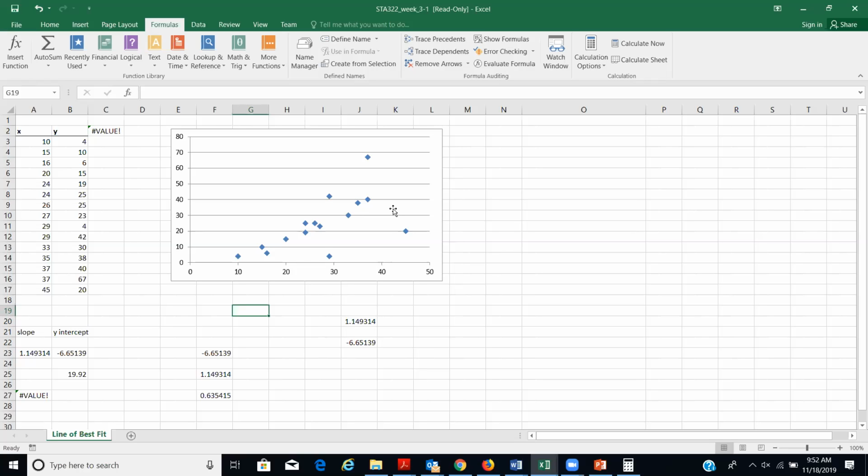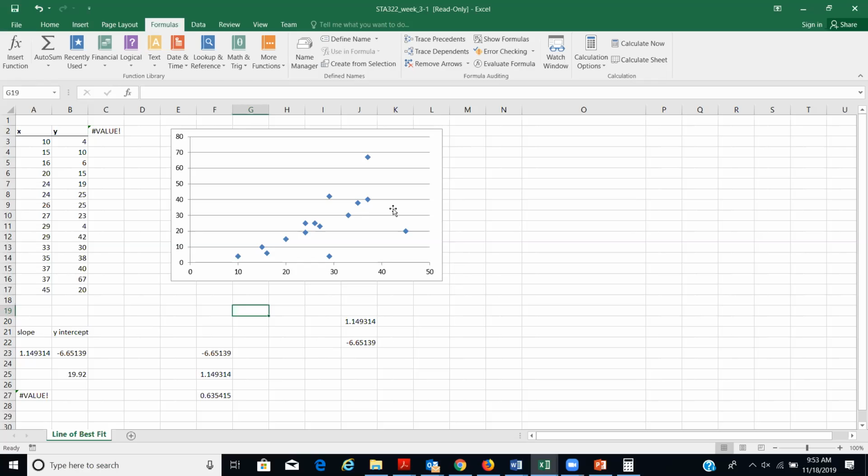We can also calculate an x value for every y value. We have the y's. So if y is 4, our first data point, they're telling us x is 10 on this plot. But if y is 4 and we plug that into our formula, we've got 4 equals minus 6.65 plus 1.15x.